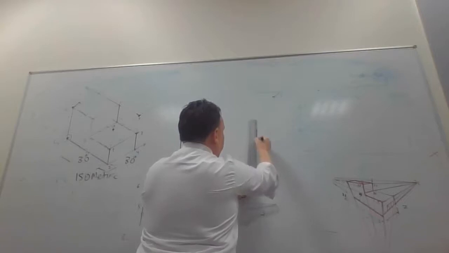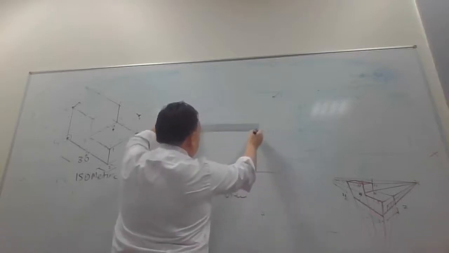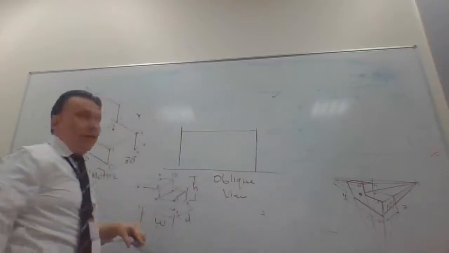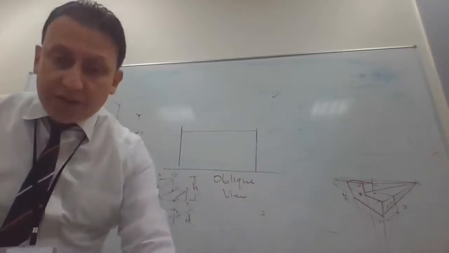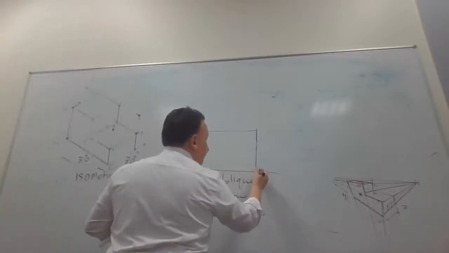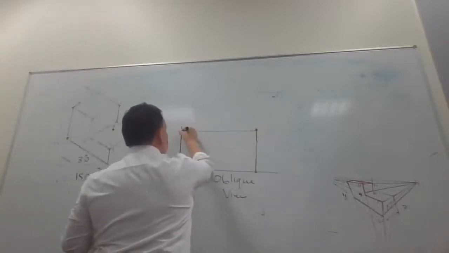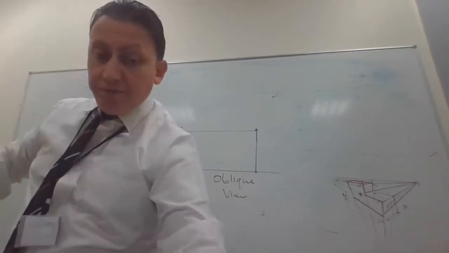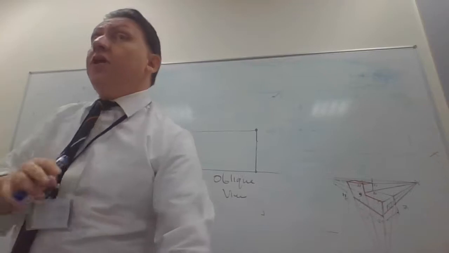It will be much easier, like this, or rectangle. Okay? Then at the intersections, if you can notice here, you have vertex, you have vertex, you have vertex. From all these vertex, what's the angle I should go? 45. Yes, for the oblique, you don't have to use 30.